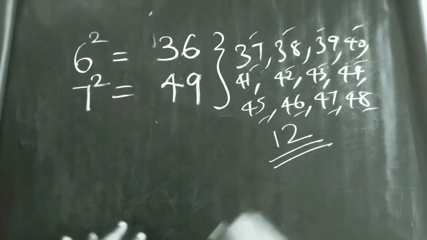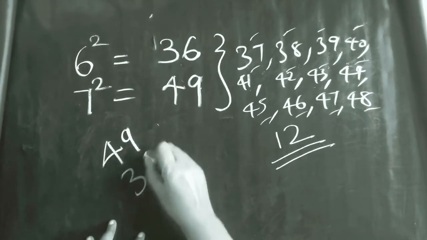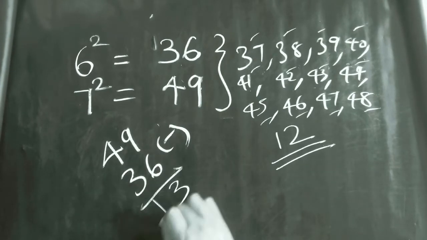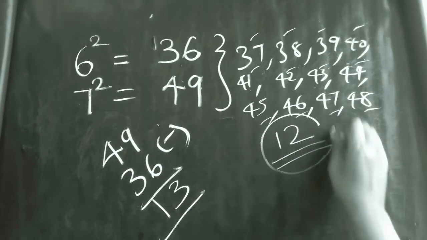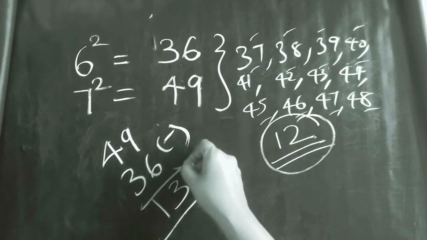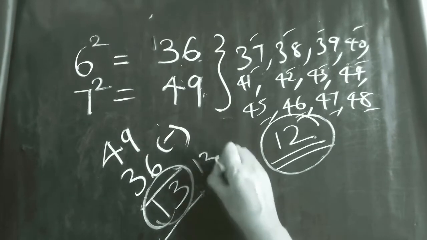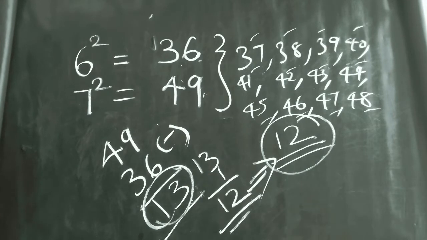So 12 non-square numbers. When we subtract, 49 minus 36, the difference is 13. So we said that your non-square number count will be 1 less than the difference of 2 squares. Here the difference of 2 squares is 13. 1 less is 12. So we have got the total count as 12.